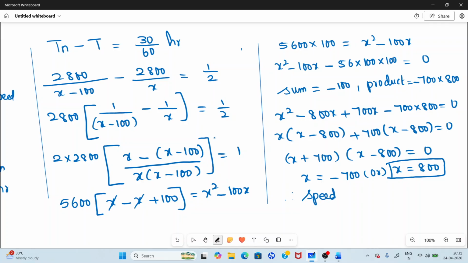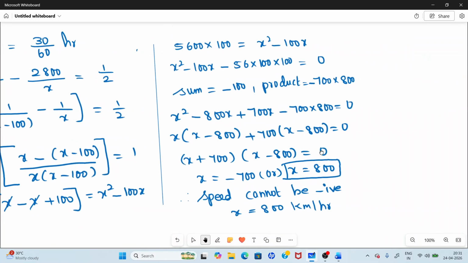Speed cannot be negative. x is speed, okay? x kilometer per hour, okay? So original speed is 800 kilometer per hour. According to the question, we need to find out duration, original duration of the flight. That is t, okay?